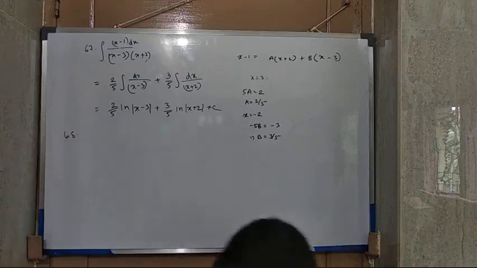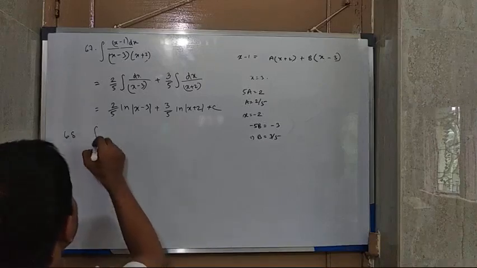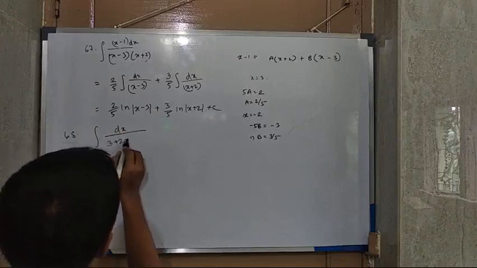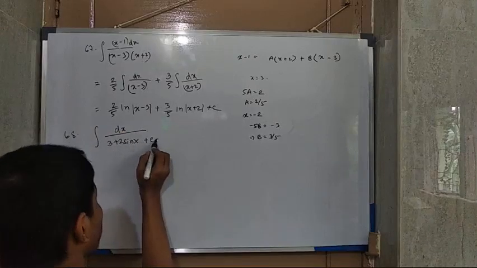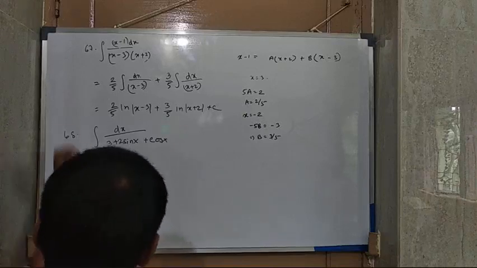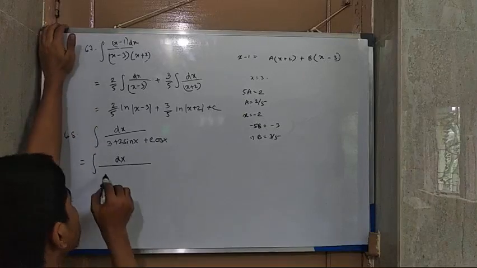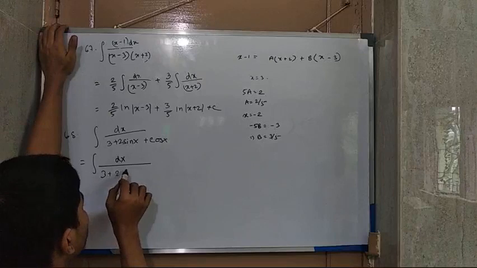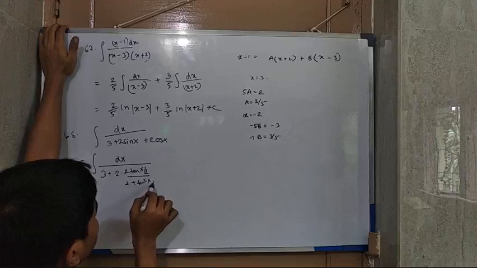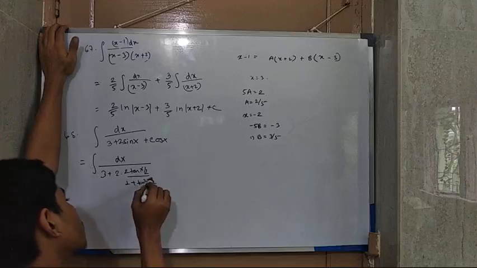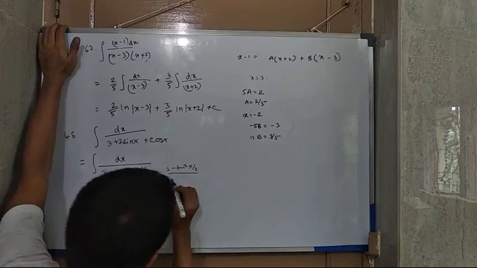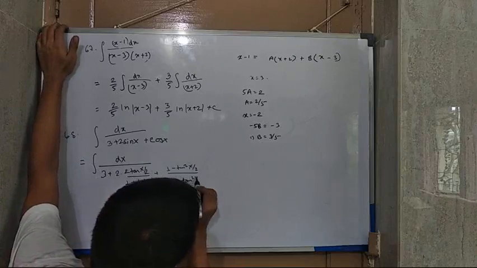So the 68th question states that integral dx divided by 3 plus 2 sin x plus cos x is equal to integral of dx divided by 3 plus 2 times 2 tan x by 2 divided by 1 plus tan squared x by 2 plus 1 minus tan squared x by 2 divided by 1 plus tan squared x by 2.